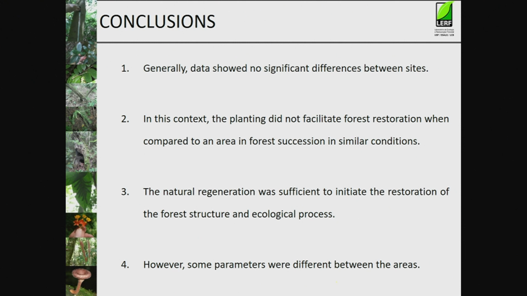And in this case, the natural regeneration was sufficient to initiate the restoration of the forest structure and the ecological process. However, some parameters were different between the areas.